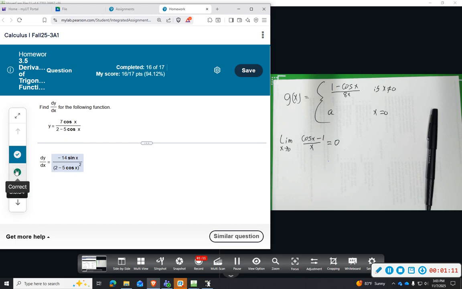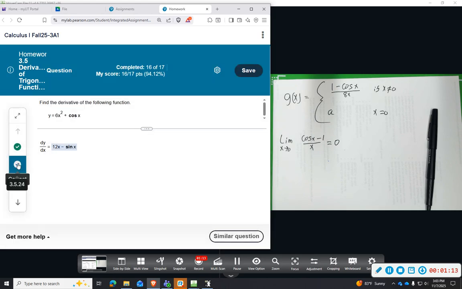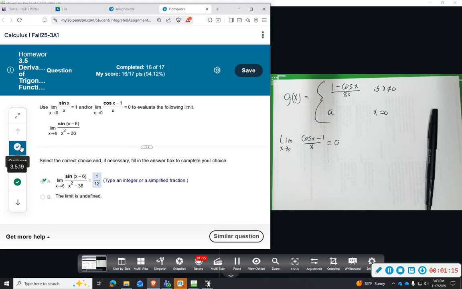So you had a rule for sine x divided by x equals 1, and you had cosine of x minus 1 divided by x is equal to 0. So we're going to be using this rule to find the value that satisfies g of x being continuous.